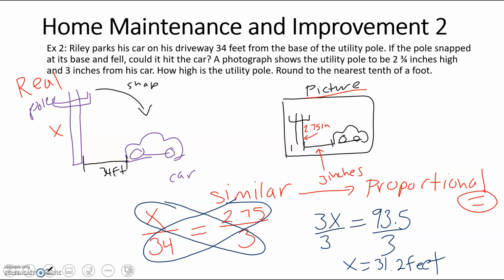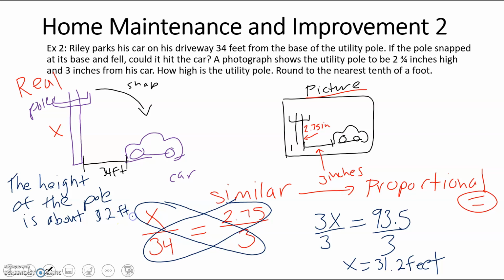Okay, so we're going to say then that the height of the pole is about 31.2 feet. And then the question is, could it hit the car? Well, the car is 34 feet away.